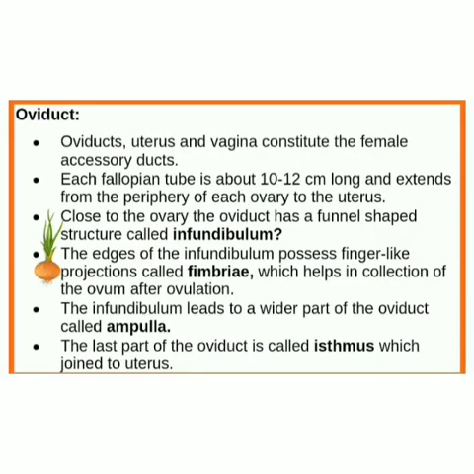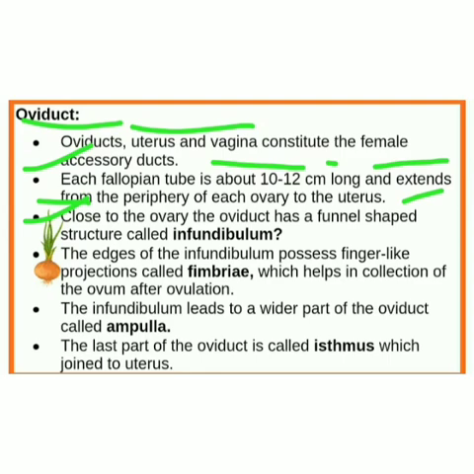Now next one is oviduct. Oviducts, uterus and vagina constitute the female accessory duct system. Each fallopian tube is about 10 to 12 centimeter long and extends from the periphery of each ovary to the uterus.